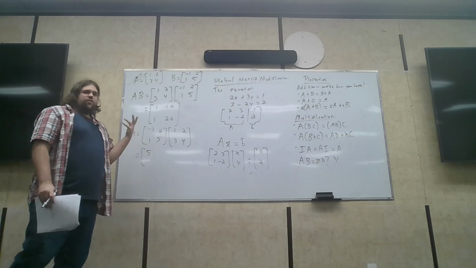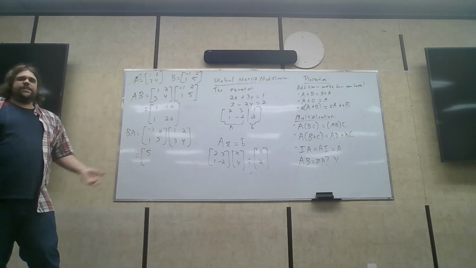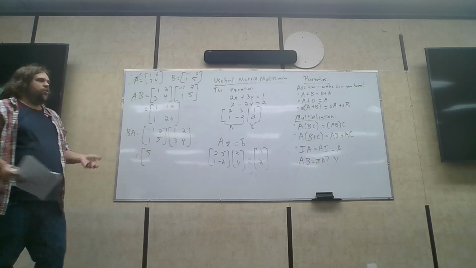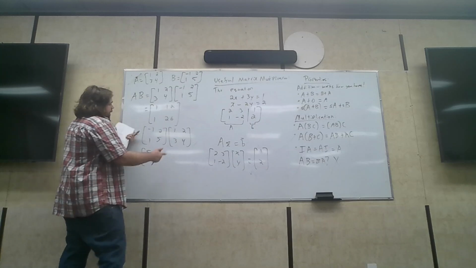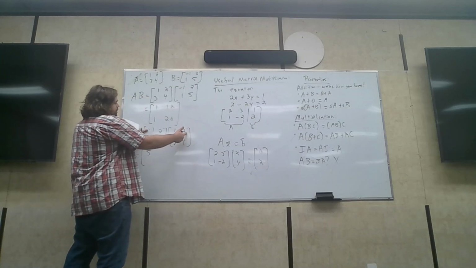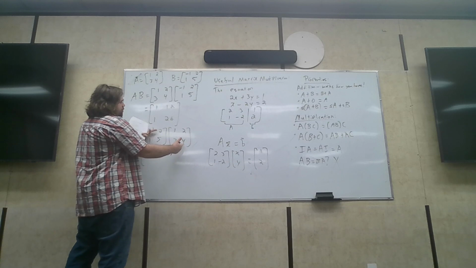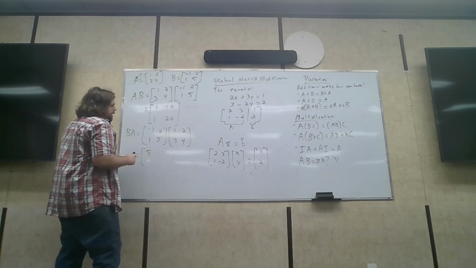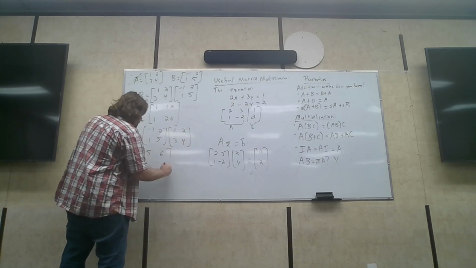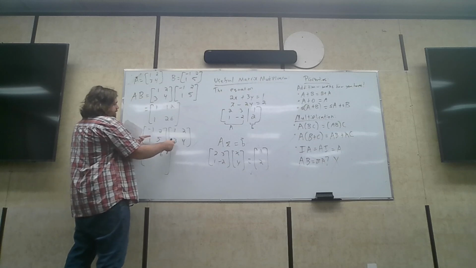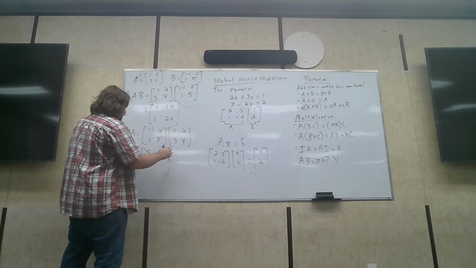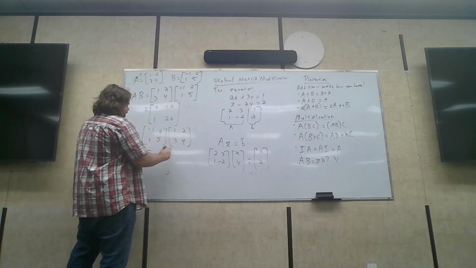The literal first entry in these matrices, when we swap the order of multiplication, they don't match. But let's just keep going. Minus 2 plus 2 times 4, so minus 2 plus 8 is 6. 1 plus 15 is 16. And 2 plus 20 is 22.